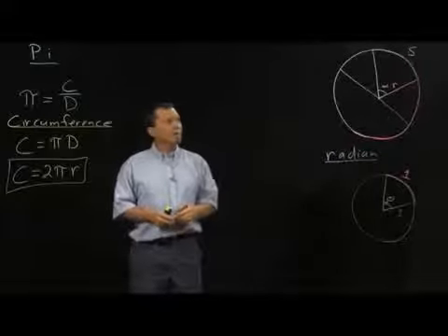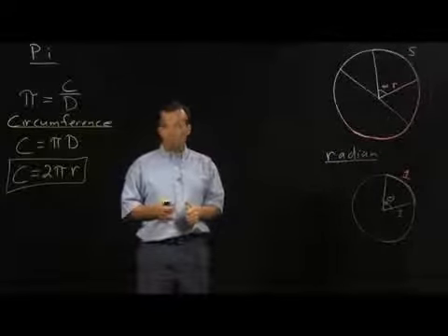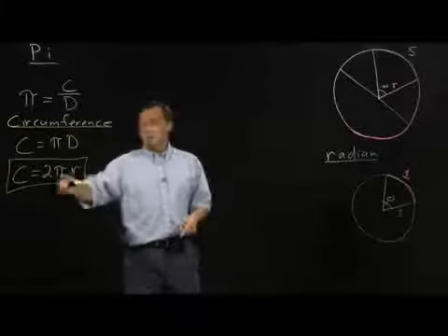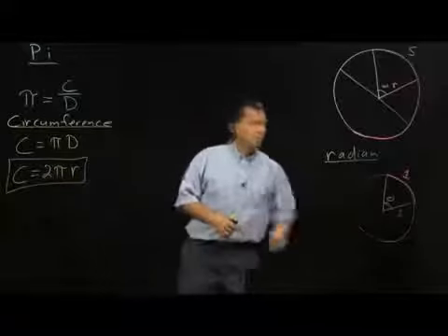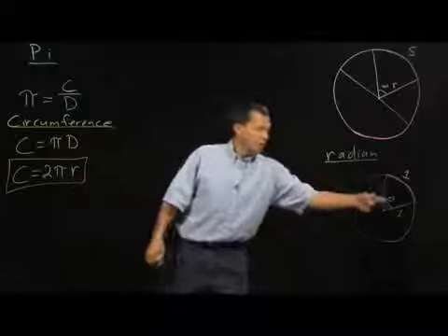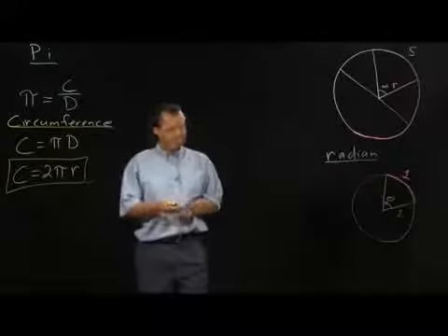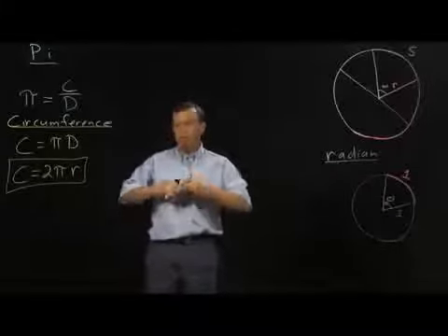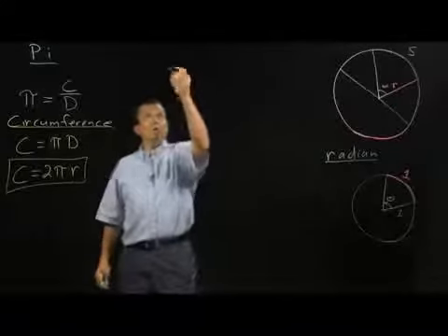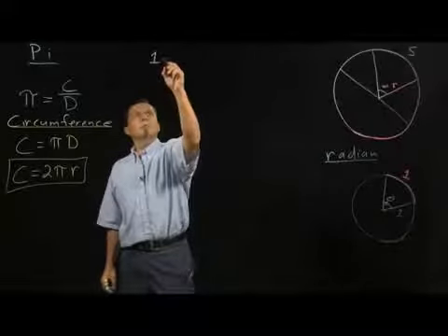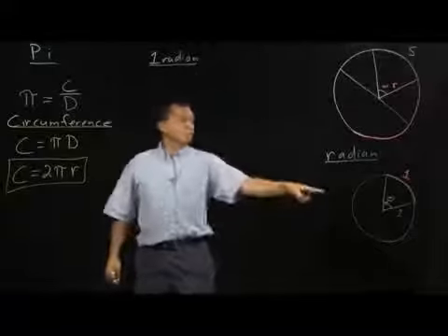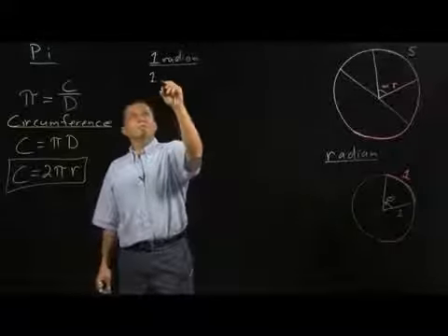And one of the properties of circles is that if I look at the ratio of circumference to some arc length, that's going to be in proportion to the angle that we move through. So let's do this. Let's say 1 revolution is going to be all the way around, and I'm going to take 1 radian divided by 1 revolution.